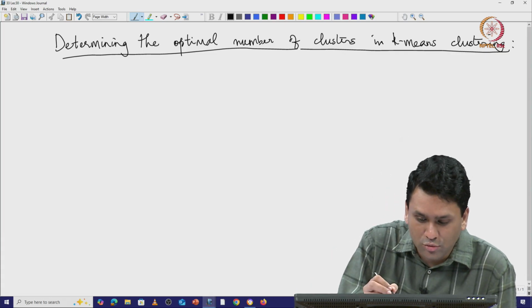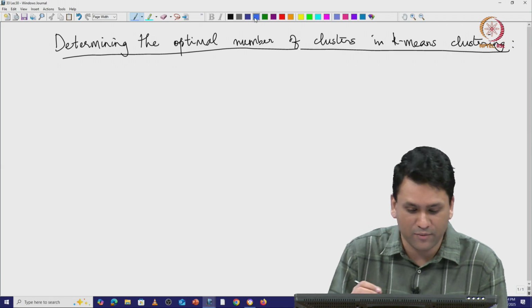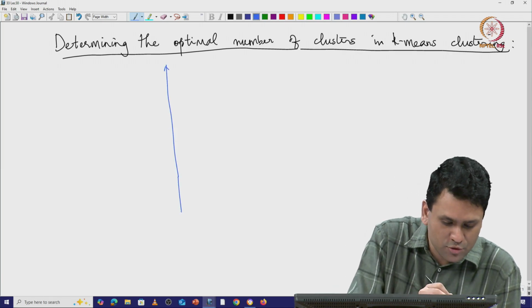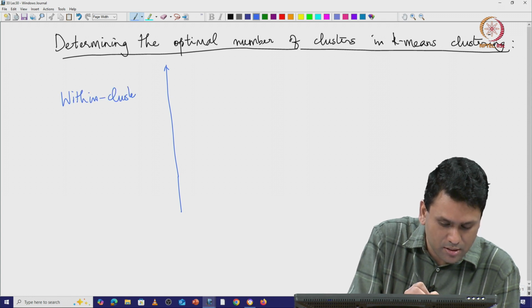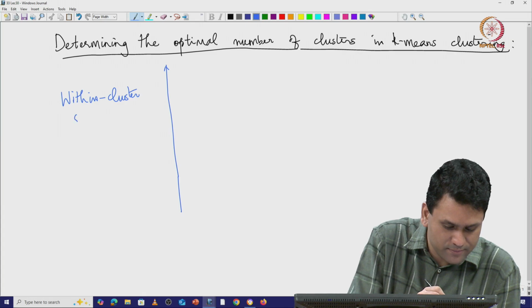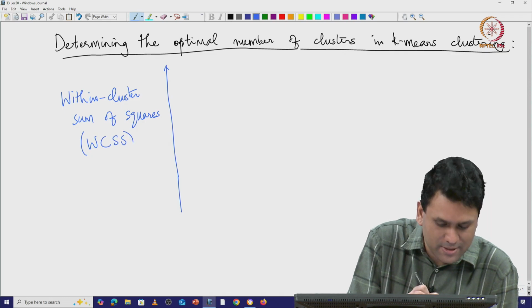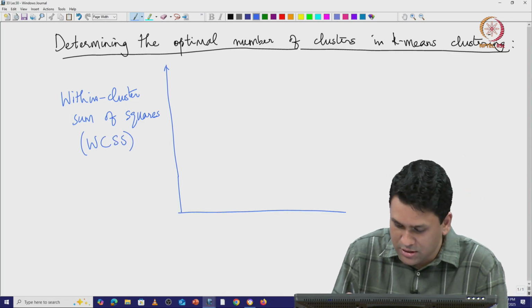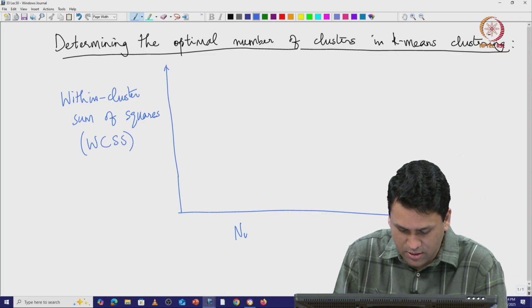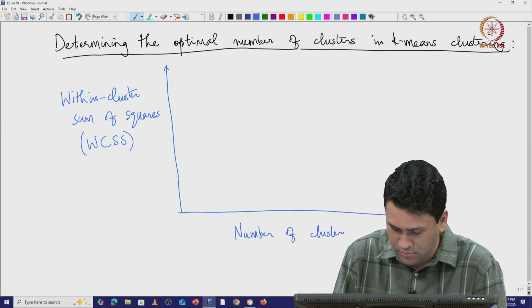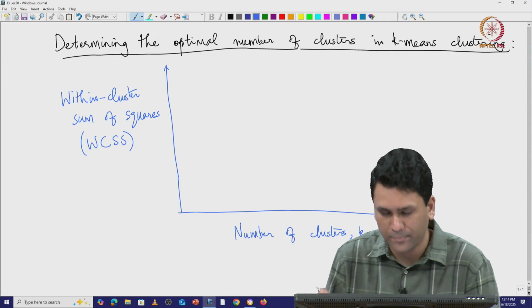So, what we do to determine the optimal number of clusters is we plot the within cluster sum of squares, the WCSS, as a function of the number of clusters k, okay.